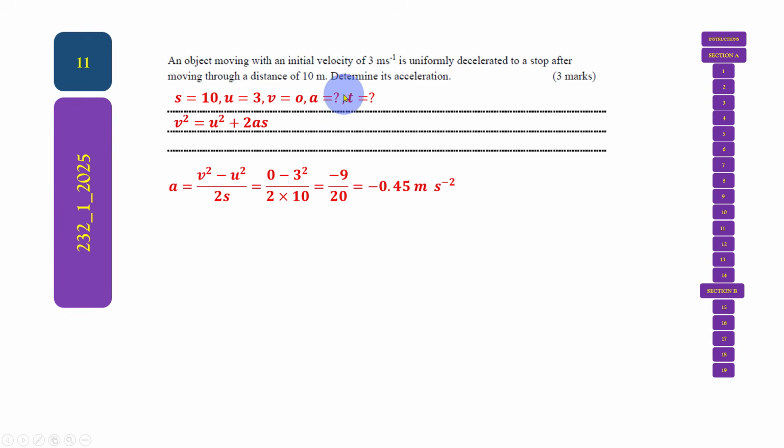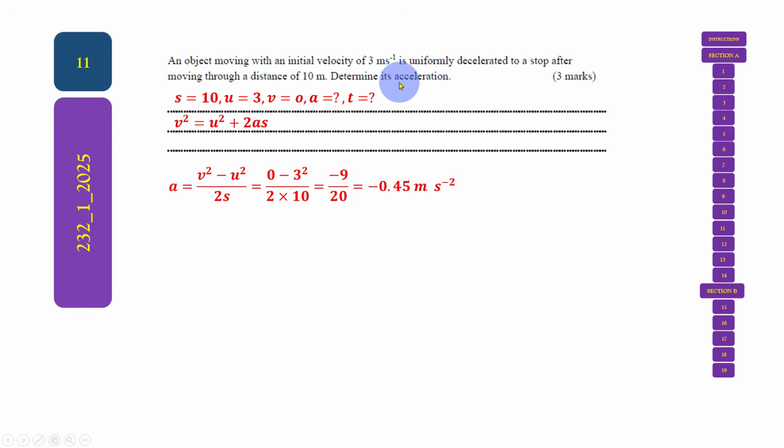Then we are required to calculate the acceleration. So this is a requirement. But remember that we do not know t, so we avoid an equation that has t, and that is why we settle for the third equation, and by substituting there we get the acceleration to be minus 0.45 meters per second squared.